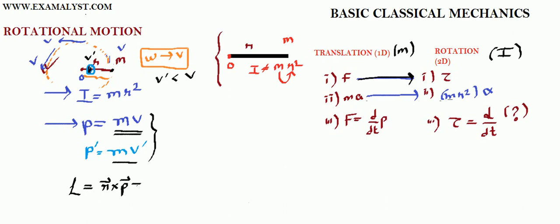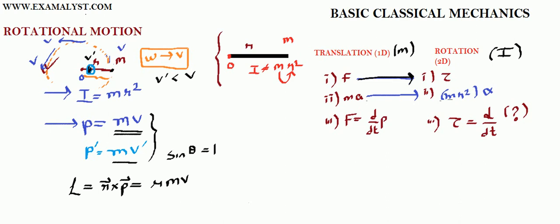This is the momentum in rotational motion. If I remove the cross product, remember the cross product is always written for the general case. There can be cases where we have sine theta as 1 when theta is 90 degrees, so we are not concerned with the cross product more. I can write r times momentum, and momentum is mass into velocity.